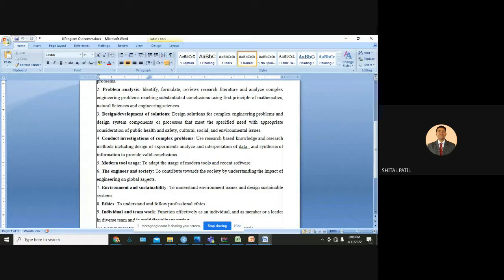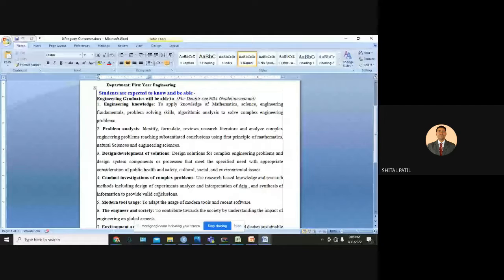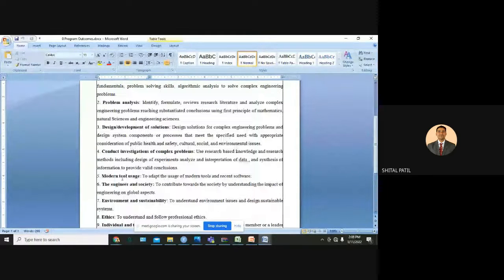There are twelve attributes. One is engineering knowledge: he should be able to apply knowledge of mathematics, science, and engineering fundamentals to solve complex engineering problems. Then he should be able to analyze the problem. Third, he should be able to design a solution for complex engineering problems.